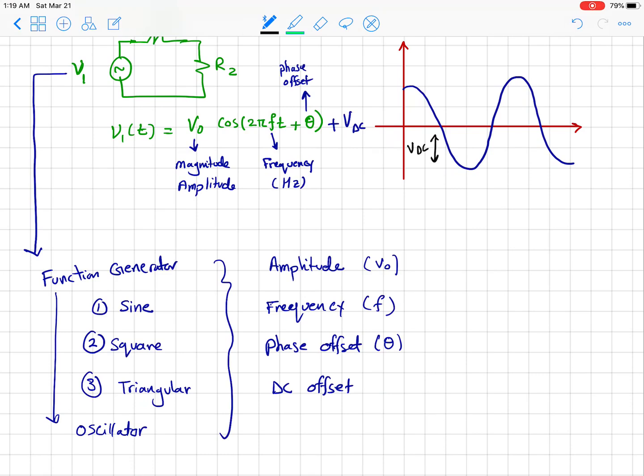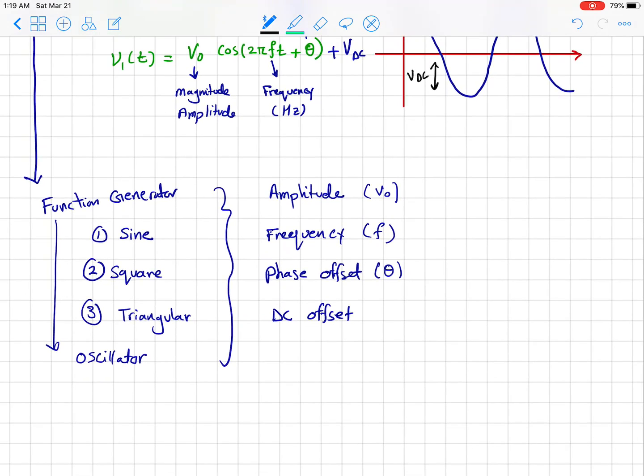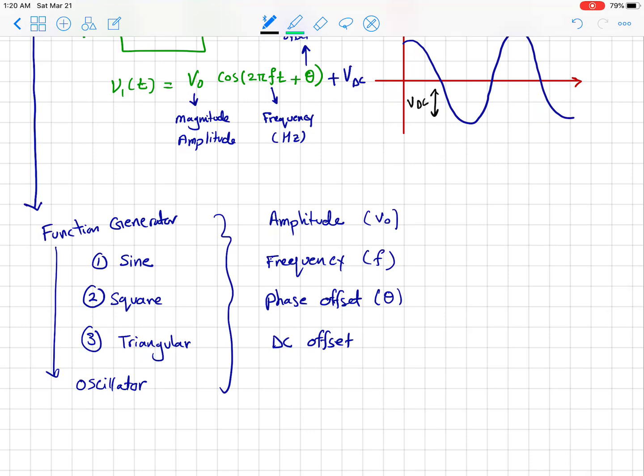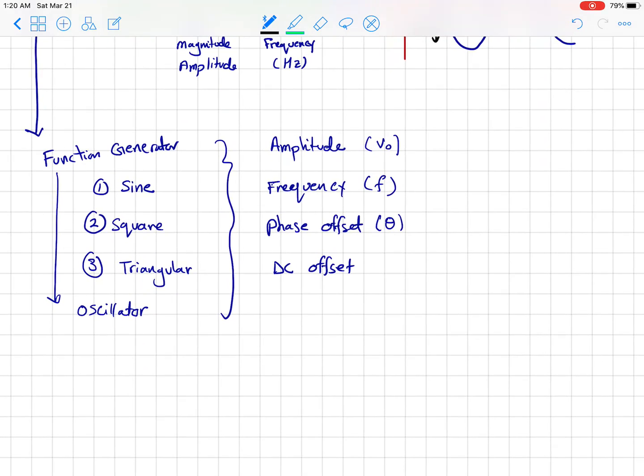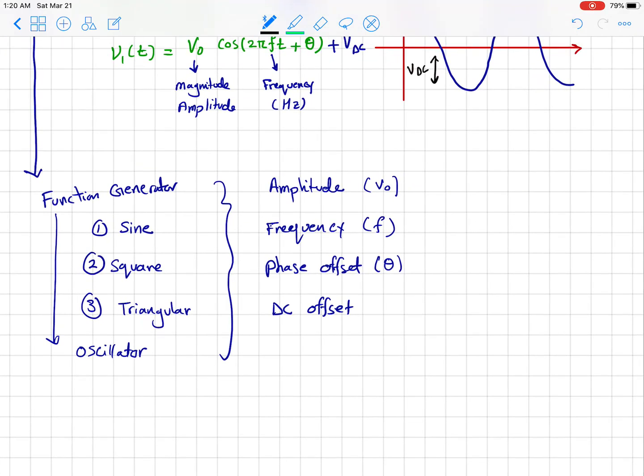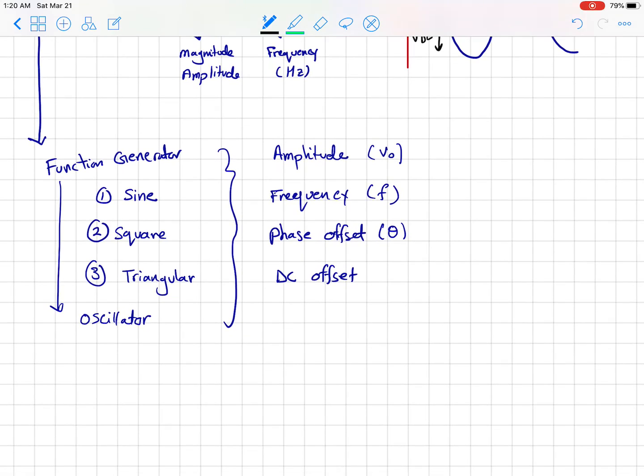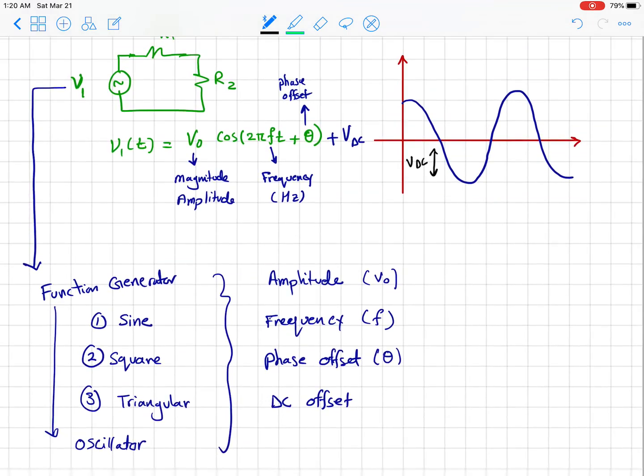If it's negative, then this curve will go down by VDC. So the average will not be 0 at this point, the average will be VDC. Those are the four important parameters of a function generator.